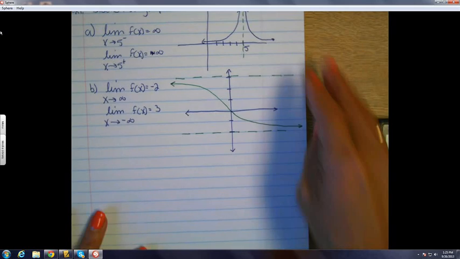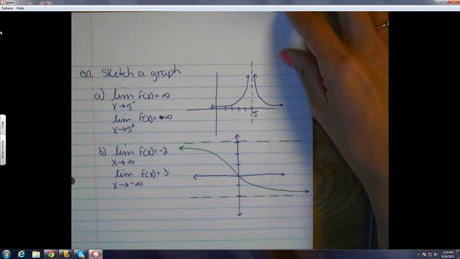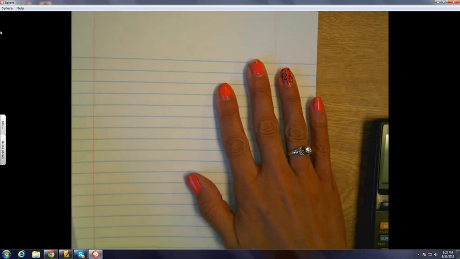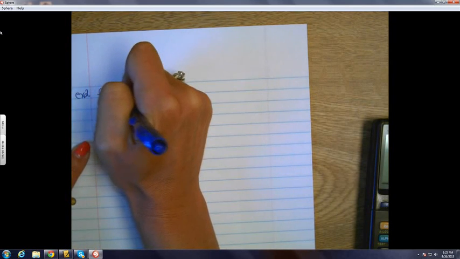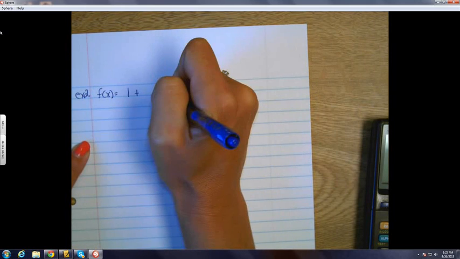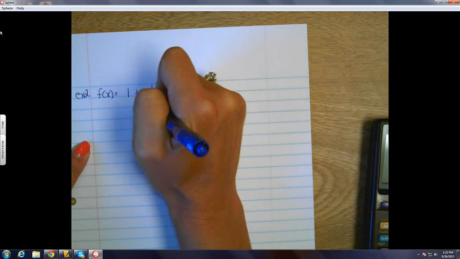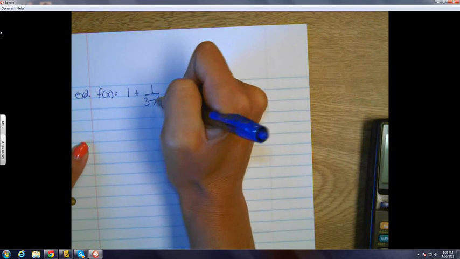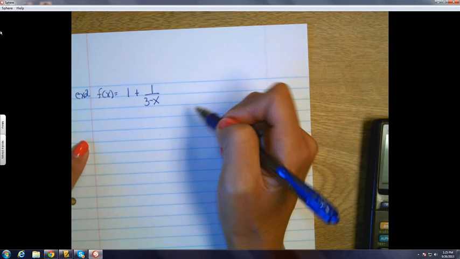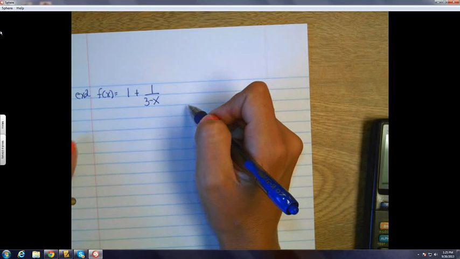I'm going to start a new page for this next example, just in case. f of x equals 1 plus 1 over 3 minus x. Okay, first thing we're going to do is sketch it, and then we're going to find some limits and a delta.